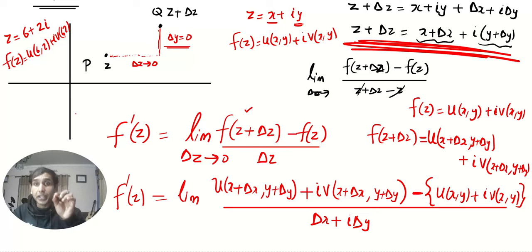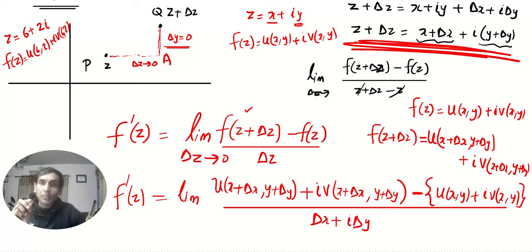That means the derivative value will be the same regardless of the path. So case 1, I am moving from Q, let's call this point as A. I am moving from Q to A and then from A to P.